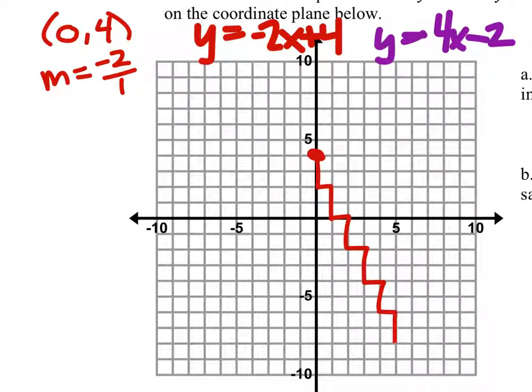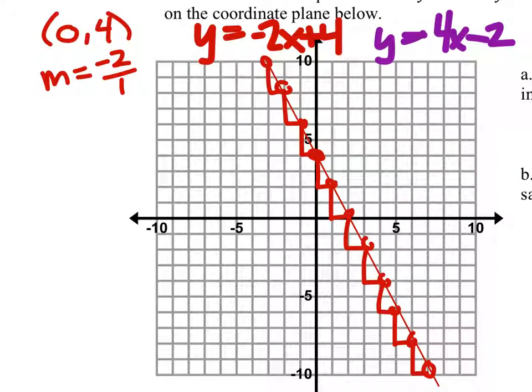And each of these stair steps is showing us where each next point is. And I can continue the pattern to the left as well. So I should have these points as well. Now I can draw the line that goes through these. So that's that equation. And we use the stair steps, which is great.